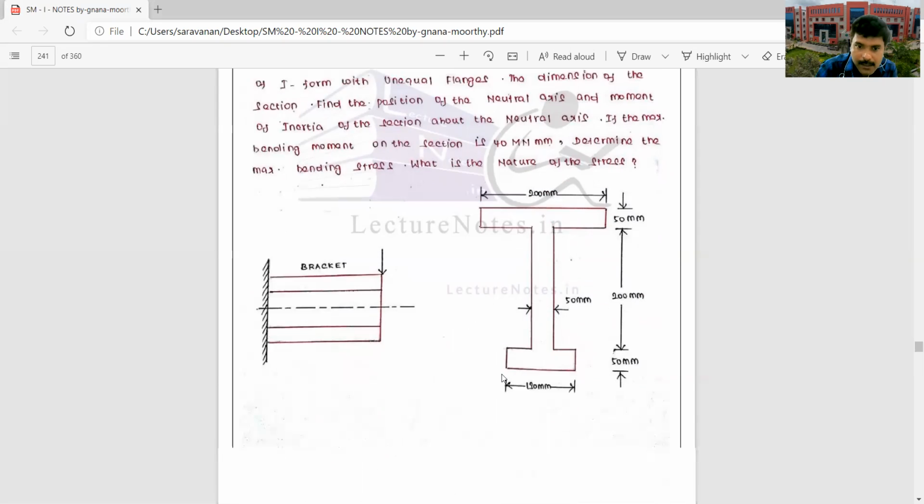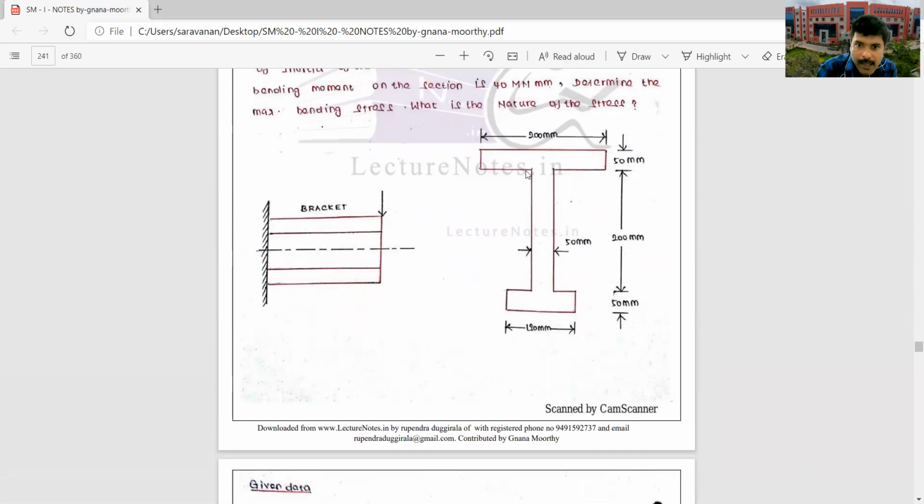There will be the bracket connection. The flange is 200 mm by 50 mm, but the bottom flange is 130 mm. So this is unsymmetrical. The y-axis is symmetrical: if you see the left side and right side, the dimensions are the same.